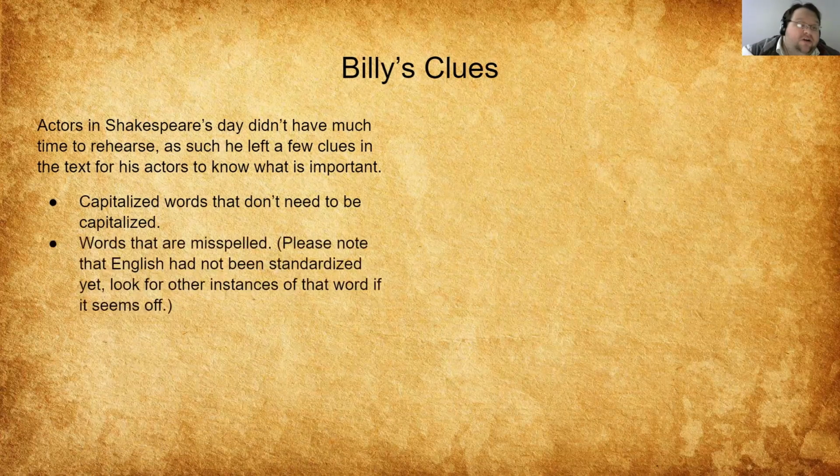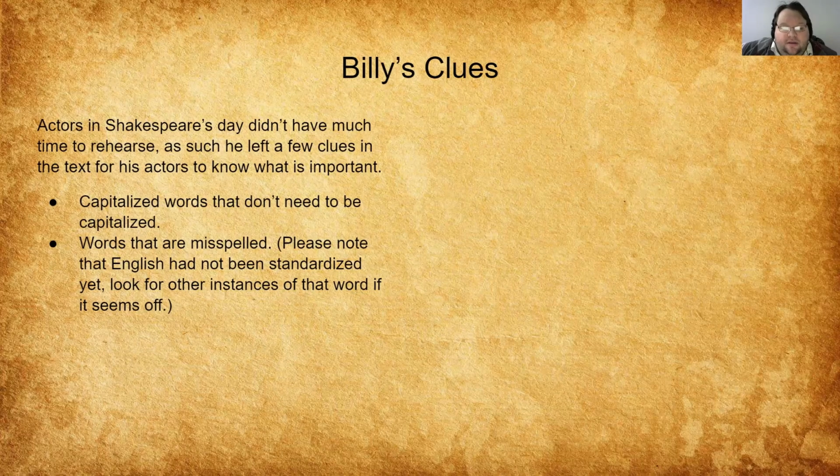Next one, words that are misspelled. This one is actually kind of iffy because in Shakespeare's time, the English language had not been standardized. There was no one right way to spell any given word. Even Shakespeare's name has several different spellings you can find in historical records.